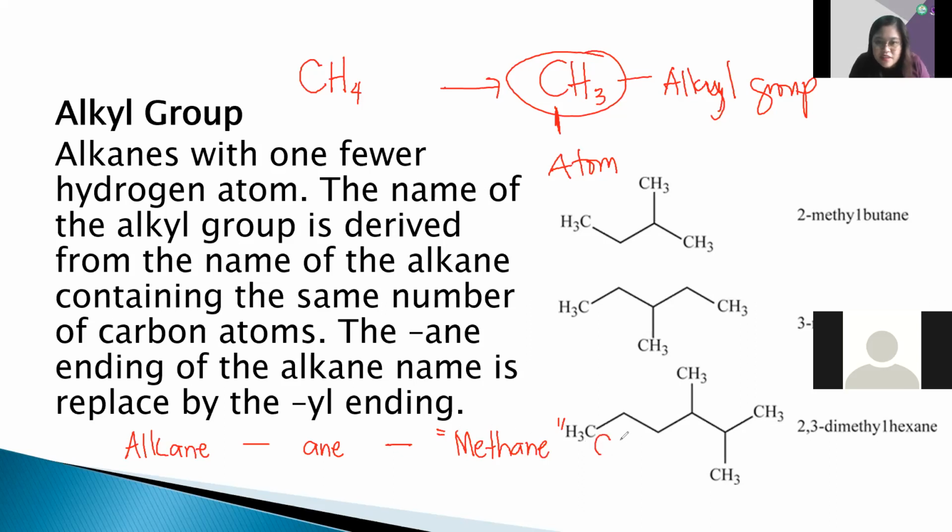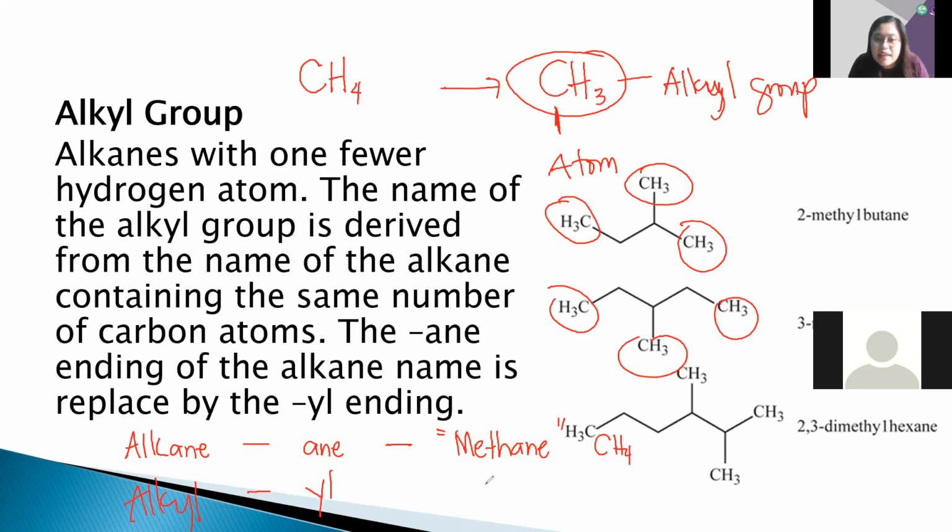But methane is CH4. What if you remove a hydrogen? Like the illustrations on the screen, they all became CH3. They are no longer CH4. So this time, it is no longer an alkane, but instead an alkyl group. And their names no longer end with ane but instead with il.